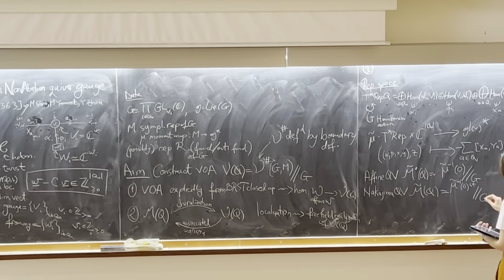These will be I, J for all the nodes, and X, Y for all the arrows.